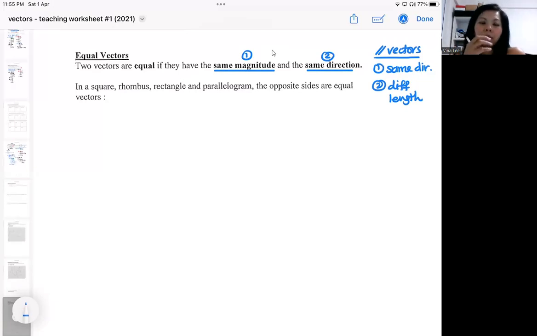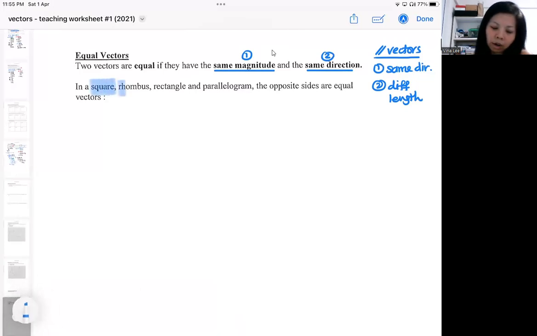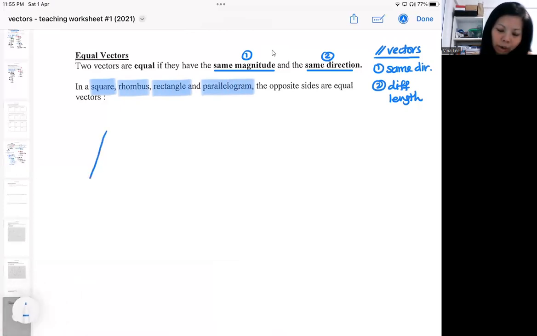Most of the time, you will be tested on equal vectors in a few common shapes: square, rhombus, rectangle, or parallelogram. Because if you think about these four shapes, you have the feature of opposite sides being the same length.